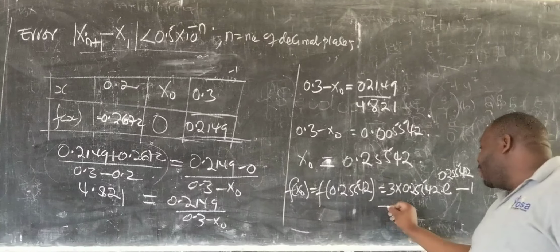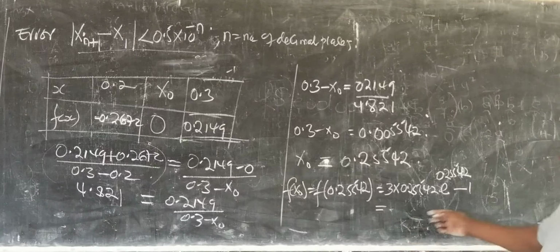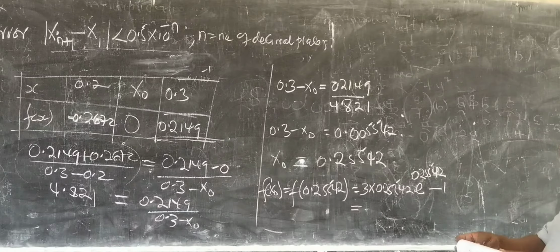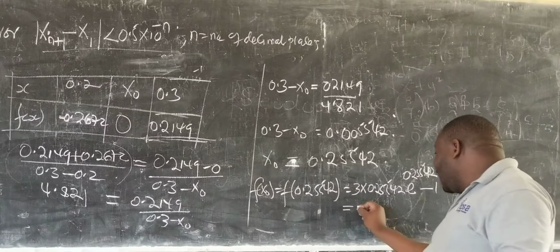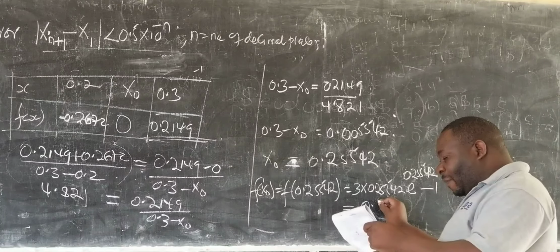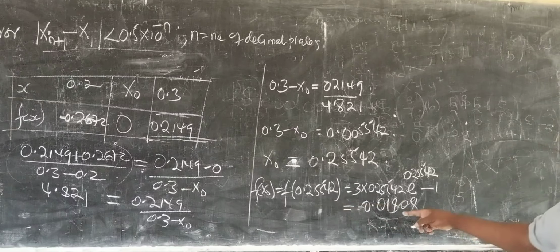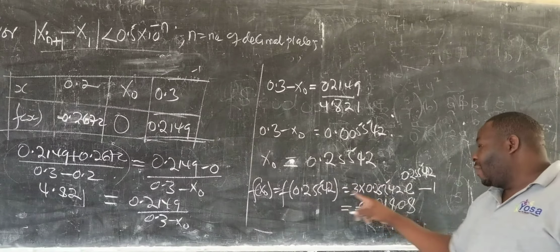And if we do all the math here, when you use your calculator, I've already quoted the result here, you get a value which is negative 0.01808. That's what you obtain when you substitute this x naught in the equation.